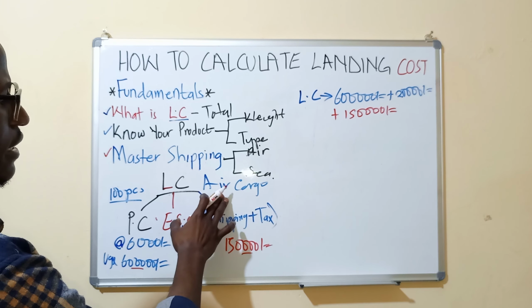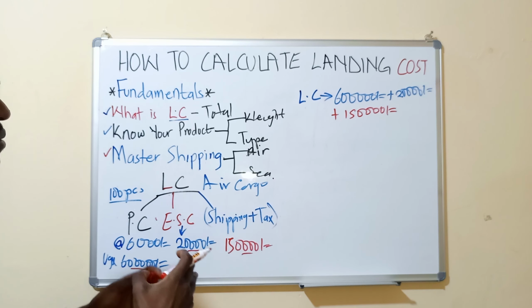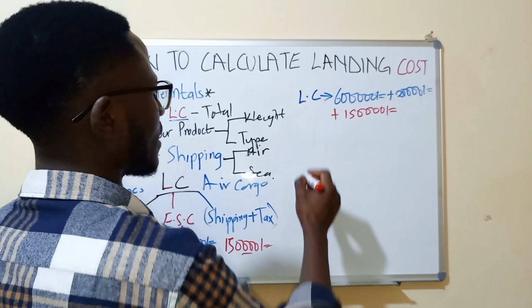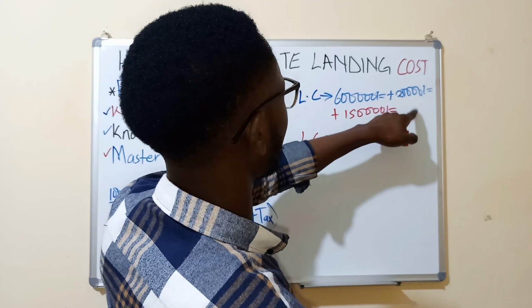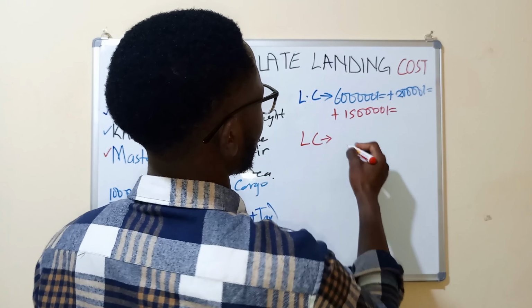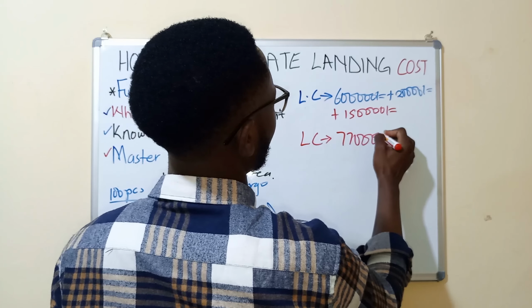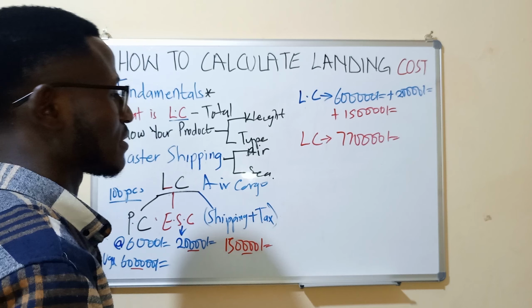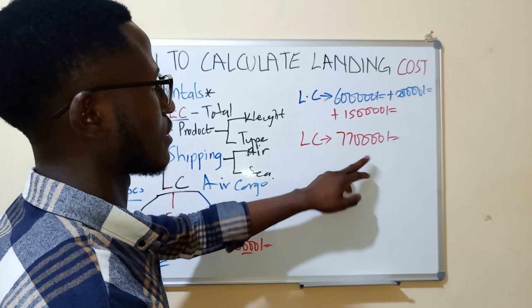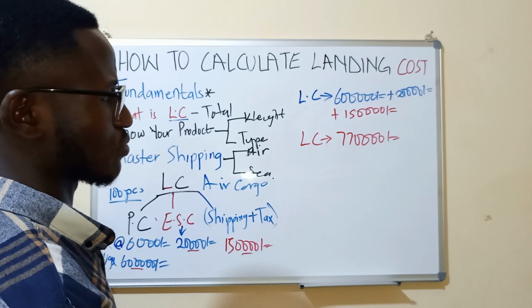Under air, tax and shipping fee are combined. If we add this up, it comes to 770,000 Ugandan shillings. This is what you've spent. If you spend something more than that, top it up here before you calculate how much you're going to sell your product.